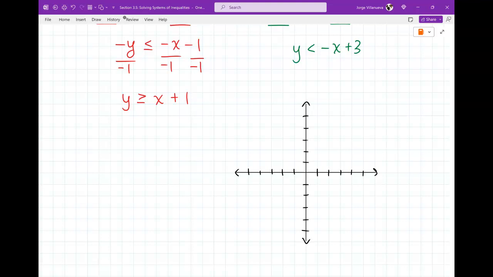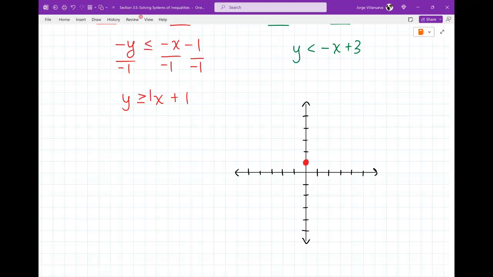All right, let's do the red one first. That's what we've been doing. Red first, green second. Doesn't matter. Just kind of going in the same pattern. So I'm going to start where with the red one? Positive 1, right? The B value is where you begin, and then your slope, your M, is where you move. What's my slope? 1/1, right?